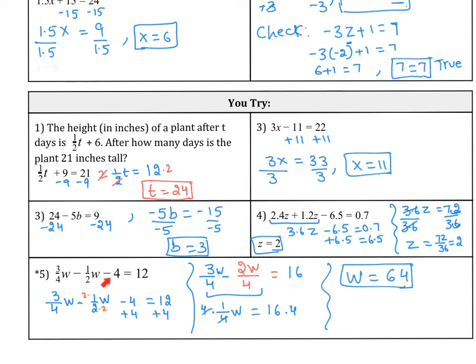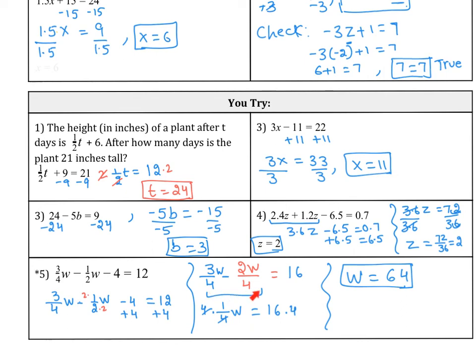Now we have to think about this 4 right here. We need the variable term on one side, and this 4 needs to go on the other side. So we add 4 on both sides, and the 4 and 4 cancel. You get 16 on the other side.